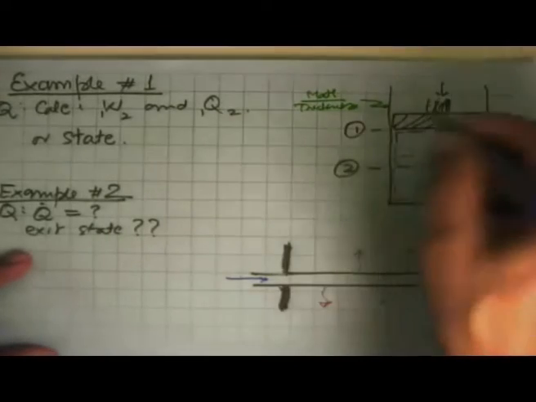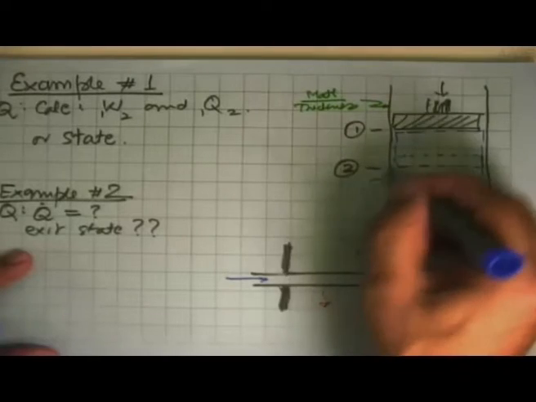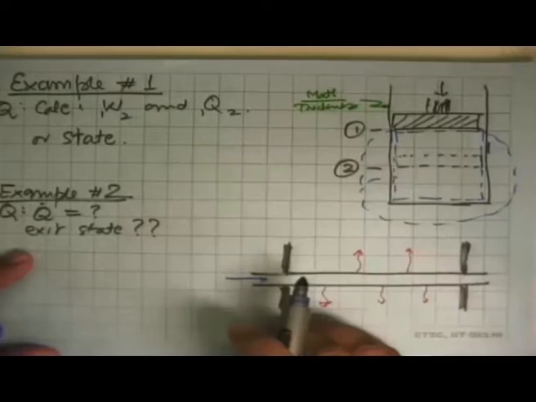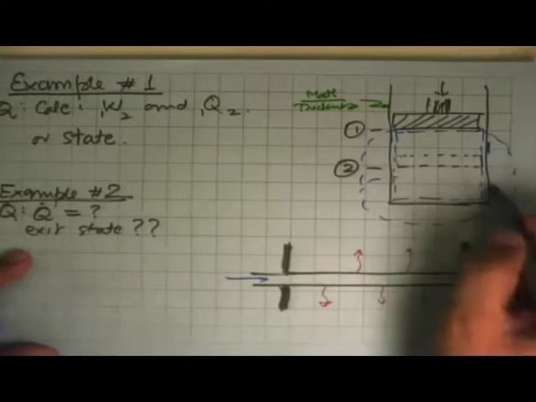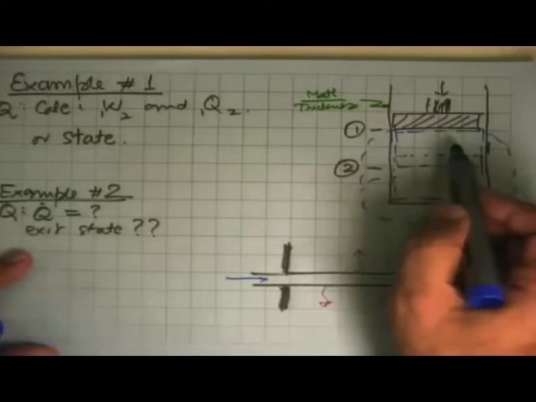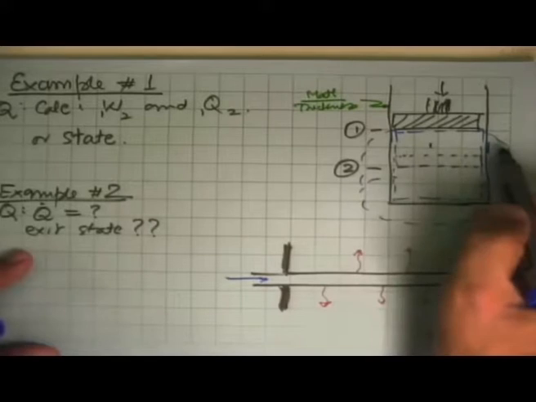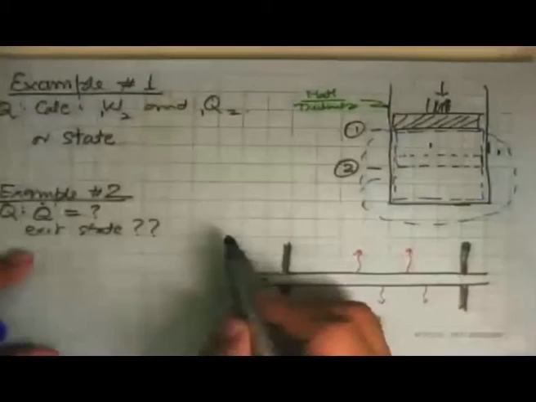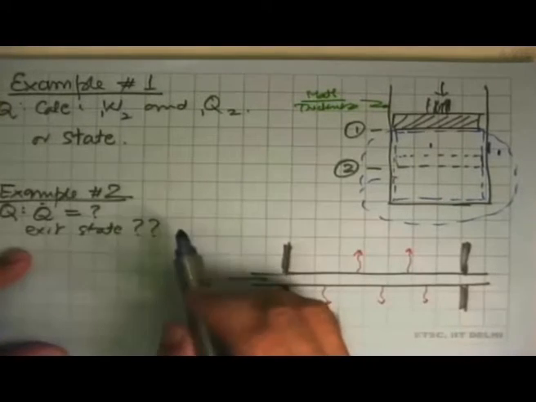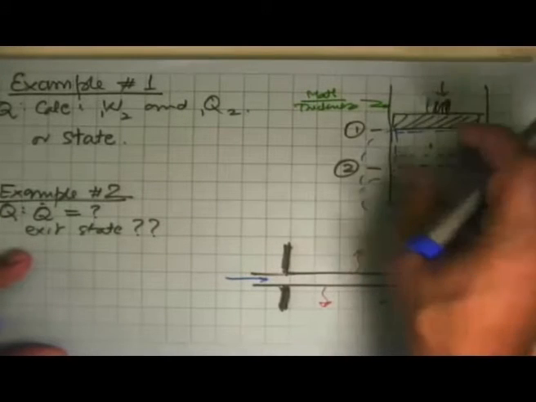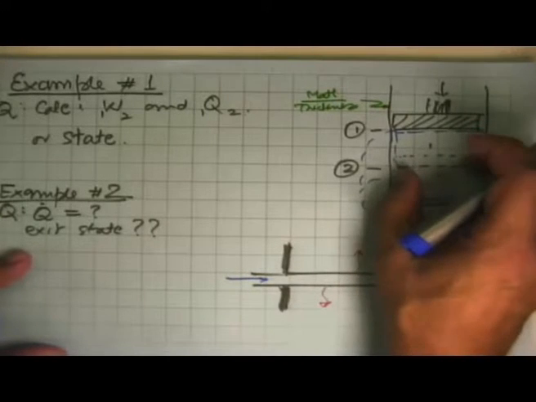Now remember, this definition was very important, because if we said that my system is like this, then this boundary, which is the wall of the cylinder, is now part of the system, and when we talk of properties, we would have to talk of the properties of the substance inside here as well as the substance here, and maybe even any other substance over there. That makes life very complicated, and so we have to be very specific, as I have said all along, that we must define the system very carefully so that it includes the substance that is of interest to us and it is a pure substance.